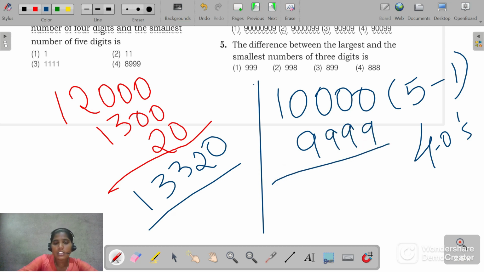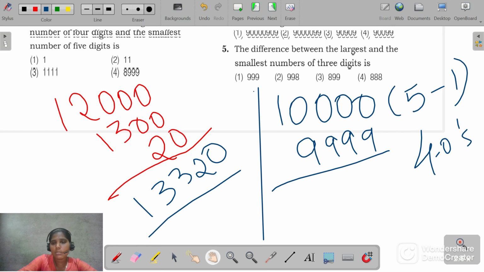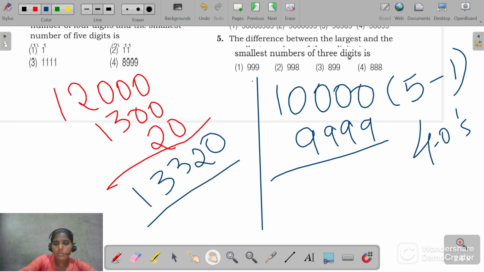What did they ask? The difference between the greatest number of 4 digit and the smallest number of 5 digit. The first one is the smallest number of 5 digit, and the second one is the largest number of 4 digit. They asked for this difference, so we are solving it. What will be the answer?